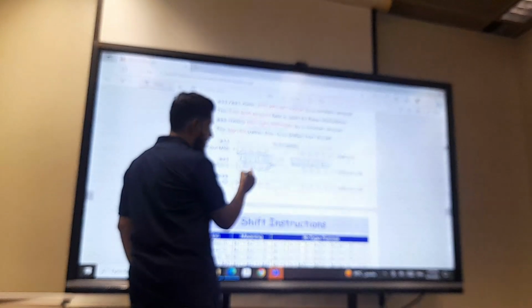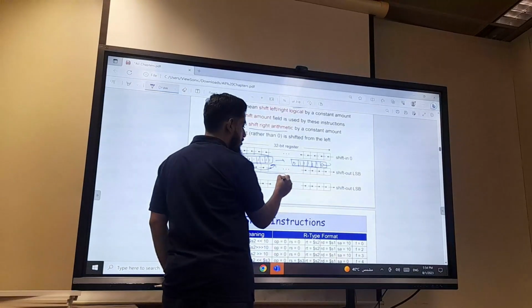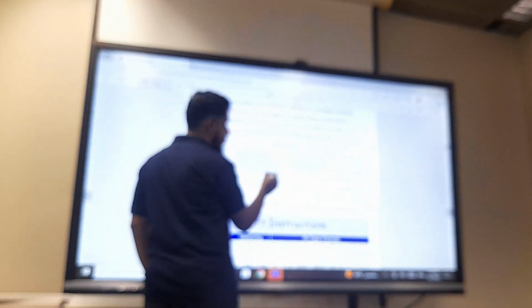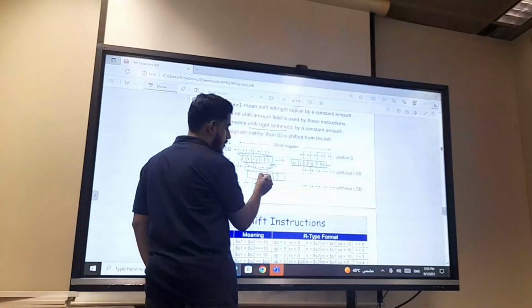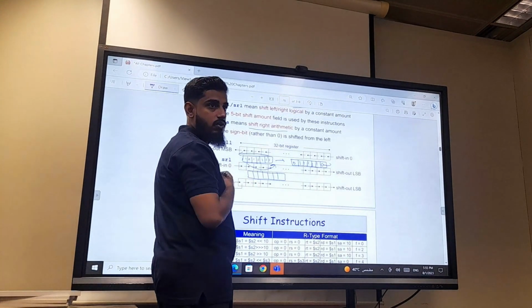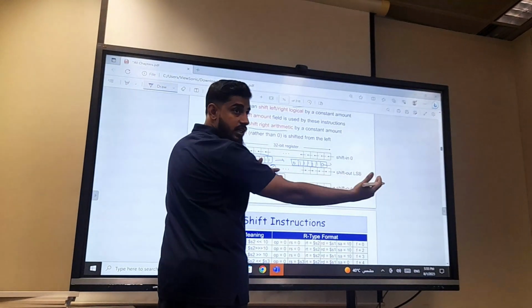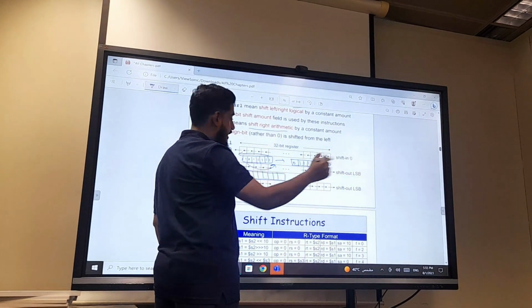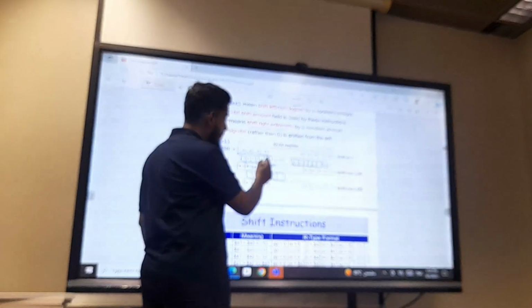Let's draw the first 7 bits: 1 2 3 4 5 6 7. We are going to shift right, so these values are shifted right and the first one will be discarded.